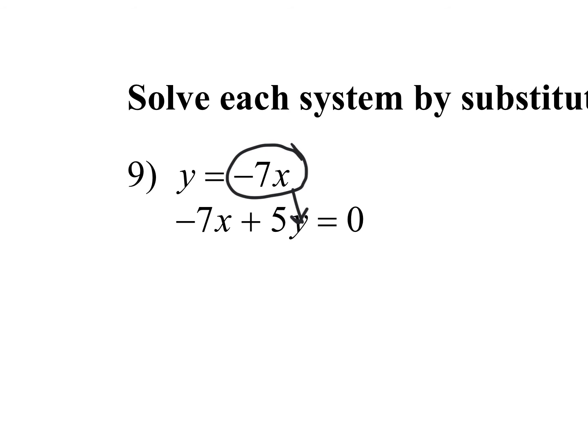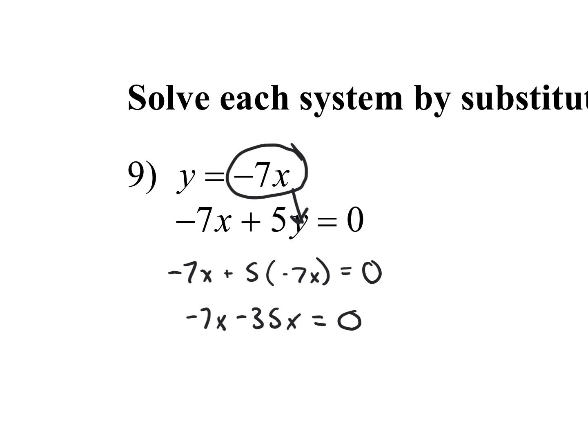So I'm substituting this in for y. So I have negative 7x plus 5 times negative 7x is equal to 0. What's 5 times negative 7x? Negative 35x is equal to 0.